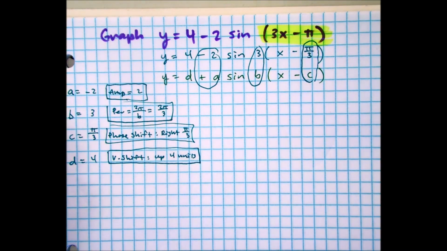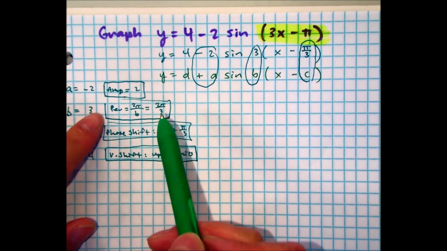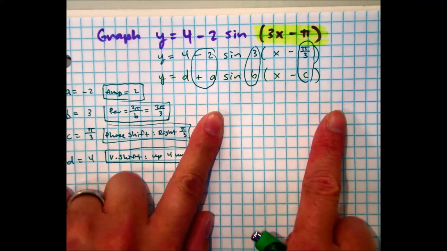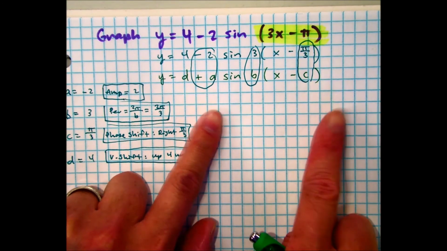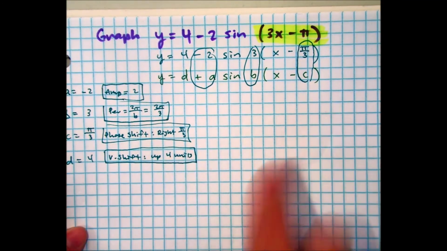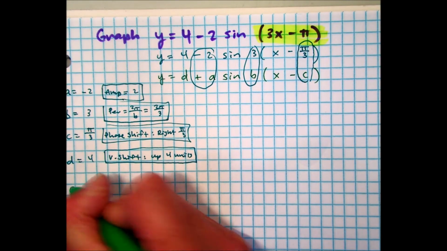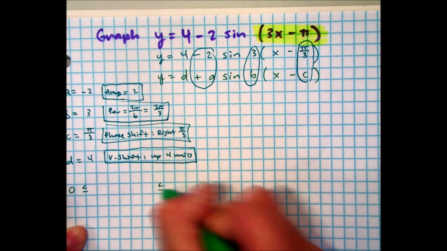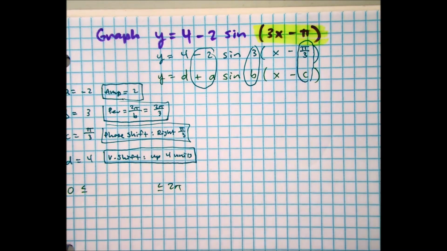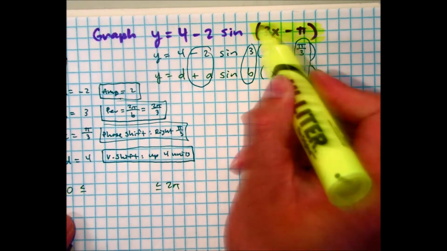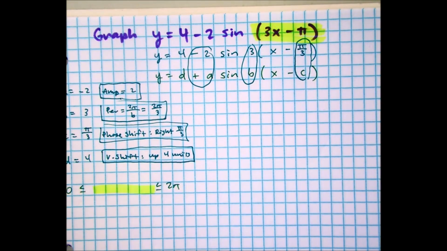Alright, in this problem, I know the length of the period of the graph, where it starts and it ends, will be 2 pi over 3, but I want to know specifically where it starts and where it ends. So I'm going to put all of that between 0 and 2 pi.